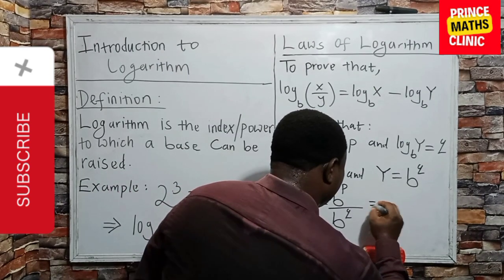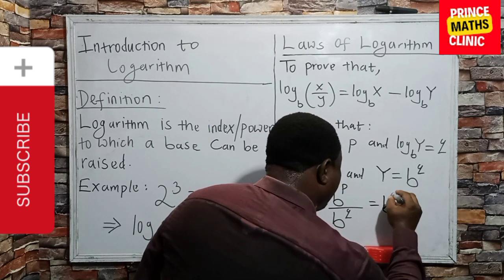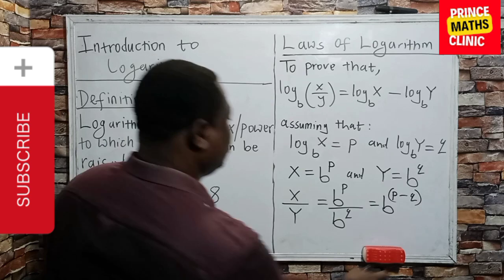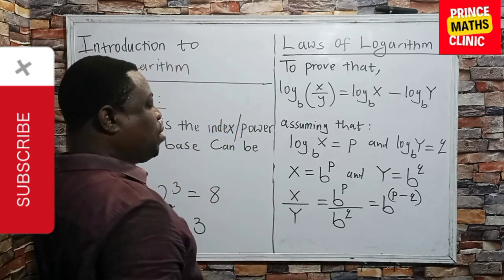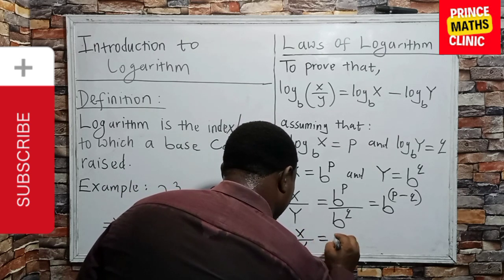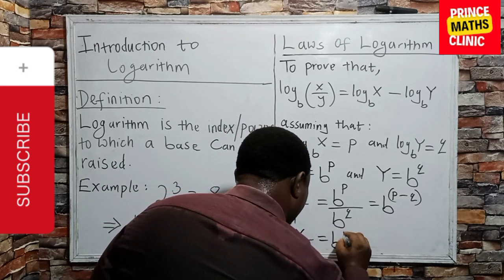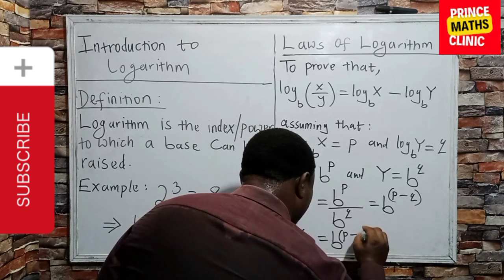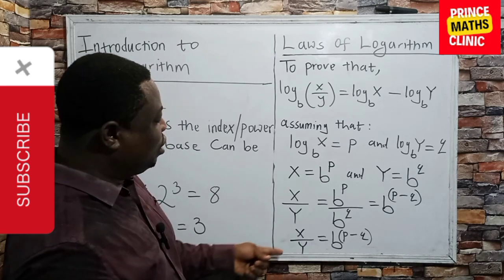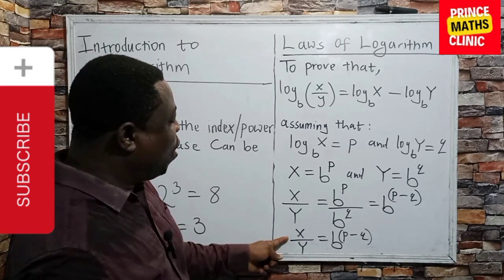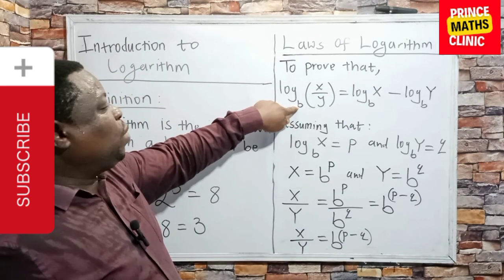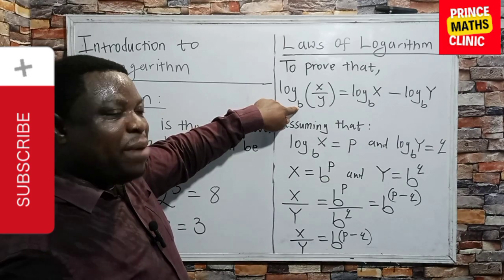So this becomes b to the power of p minus q. So x over y equals b to the power of p minus q. So the thing to do here now is to take the log of both sides. In this case, the base is b, right? So we are going to take the log of both sides in base b.